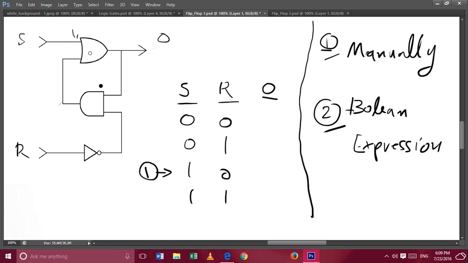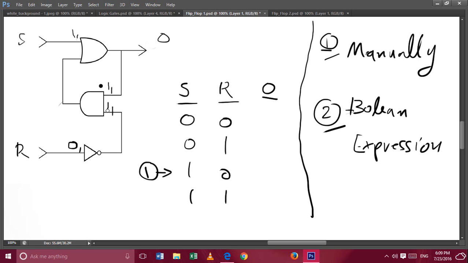So this one, remember this is an OR gate, so it has 1, so it will output 1 here, correct? Okay. And remember we are doing this, so we start with 1 in the S and 0 in the R. So we're going to put 0 here, right? And this 0 here becomes 1 here, correct?